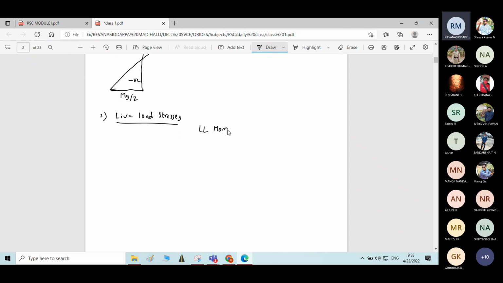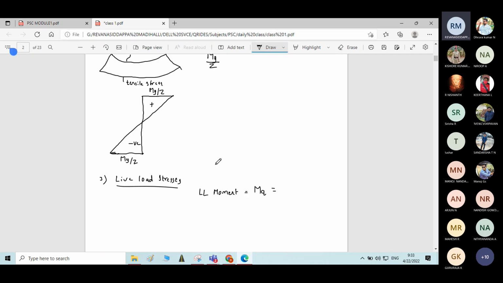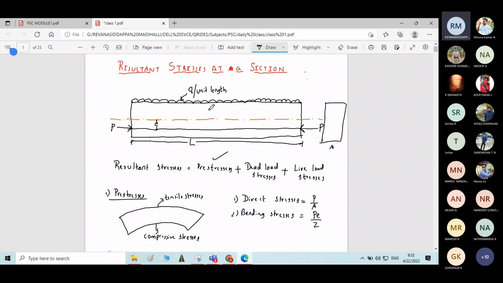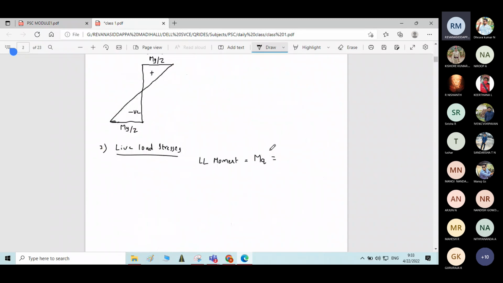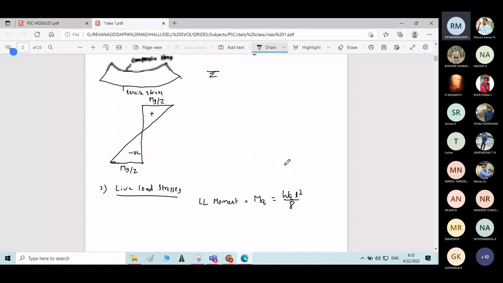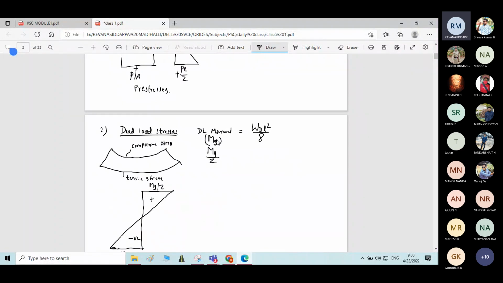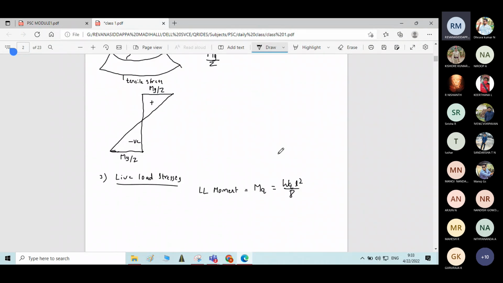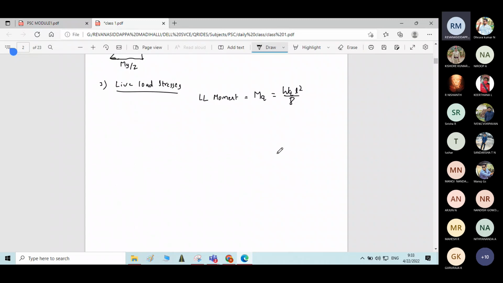I will represent the live load moment as MQ because I have taken the intensity of load as Q per unit length. MQ will be WQ L square by 8. So here also I will change the notation: MG I will write as WG L square by 8, where WG means intensity of the dead load. And MQ is WQ L square by 8.